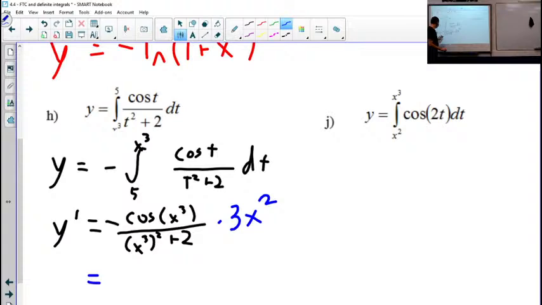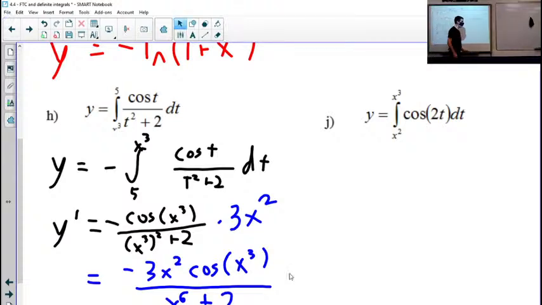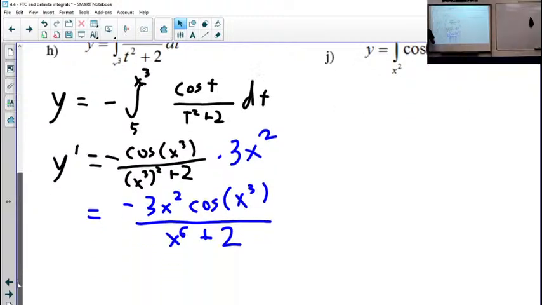So if we wanted to, we could rewrite it with the 3x squared on the top. x cubed squared is x to the 6th.